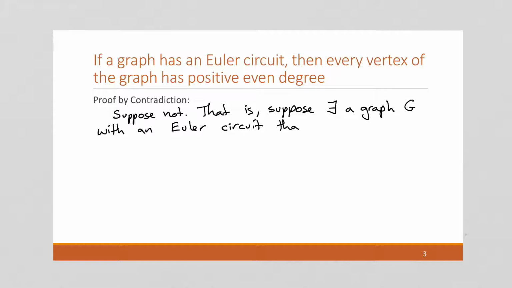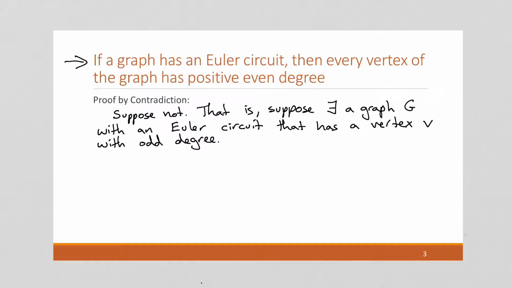that has a vertex with odd degree. I'm going to call that vertex V, odd degree. Remember, to do that properly, you need to remember how to negate a universal conditional statement.